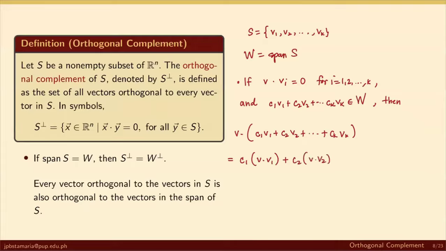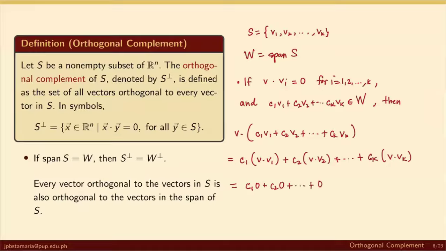The dot product basically distributes to every term. And because of this condition, v is orthogonal to every vector in the list, so all of these dot products will be 0.